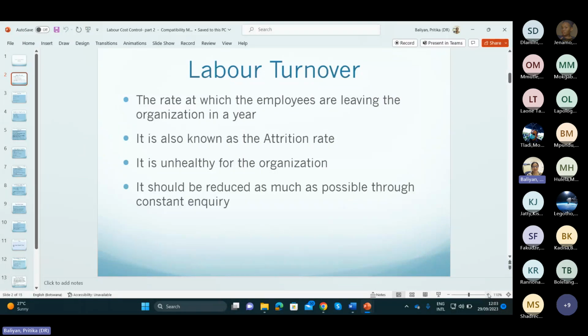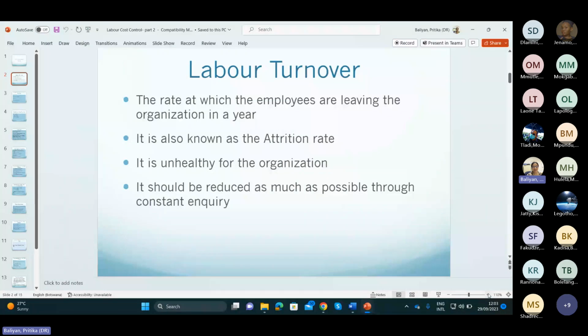If the movement of workers is higher, meaning people are joining and leaving the organization sooner, then training and orientation become more frequent, which affects the production level, because most of the time the supervisors are busy with the new employees, explaining the rules, regulations and working procedures of the organization.